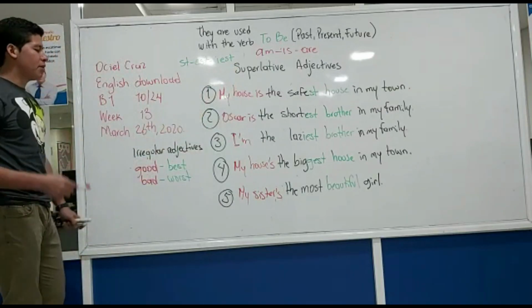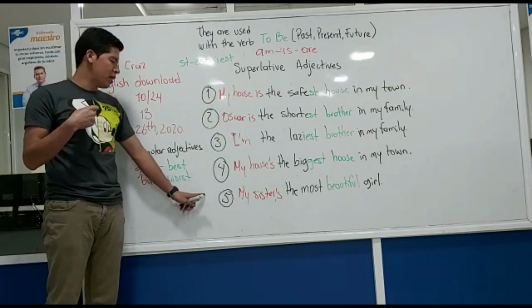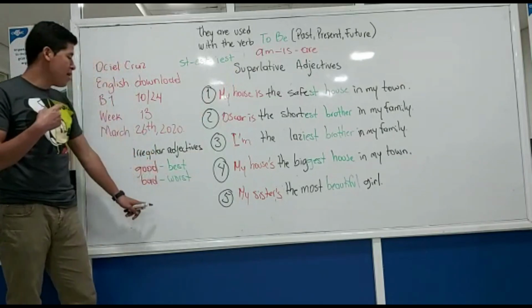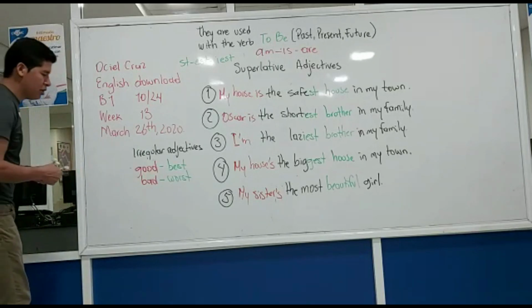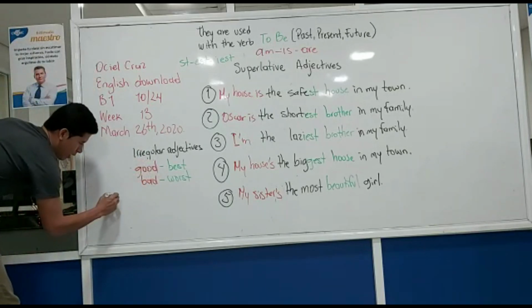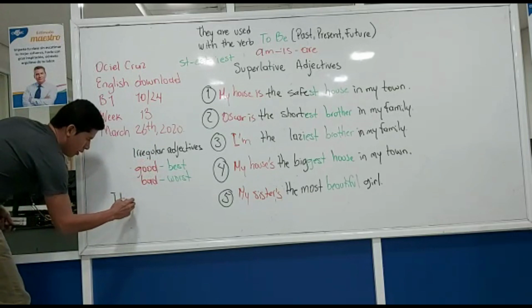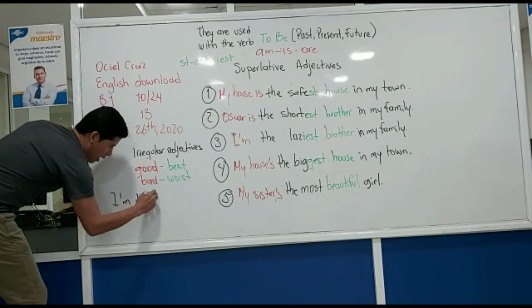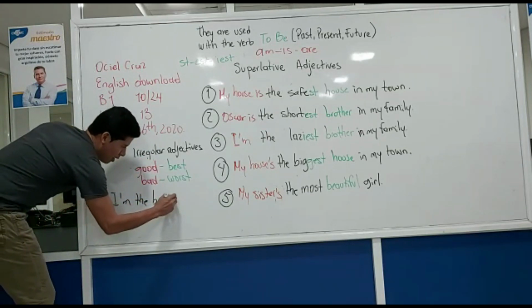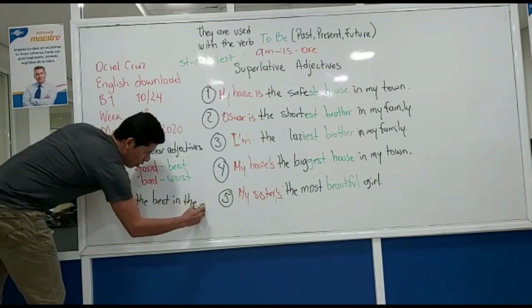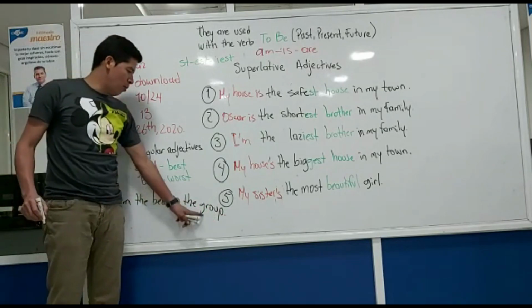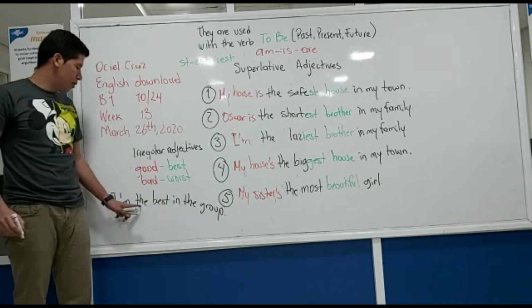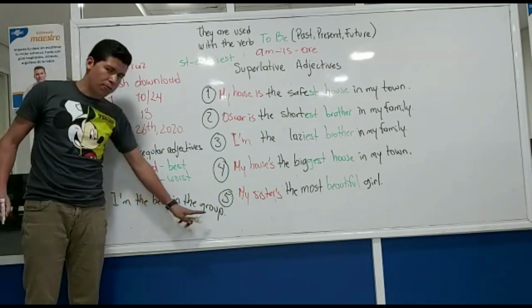For example, I am the best in the world, or I am the best in the group. Or maybe I am the worst in the group. It can be positive or negative.